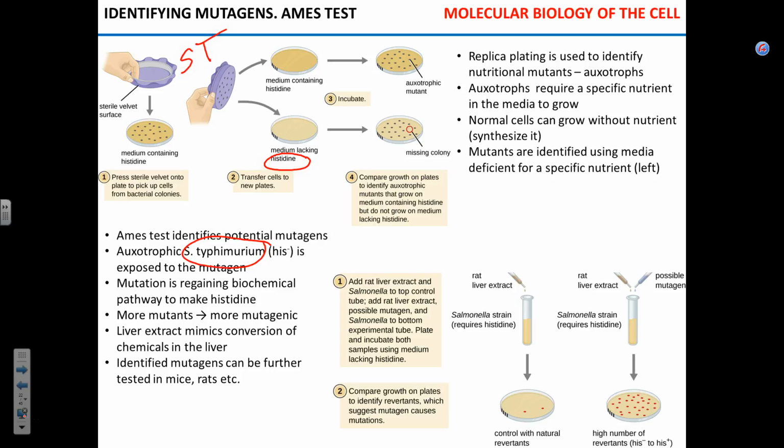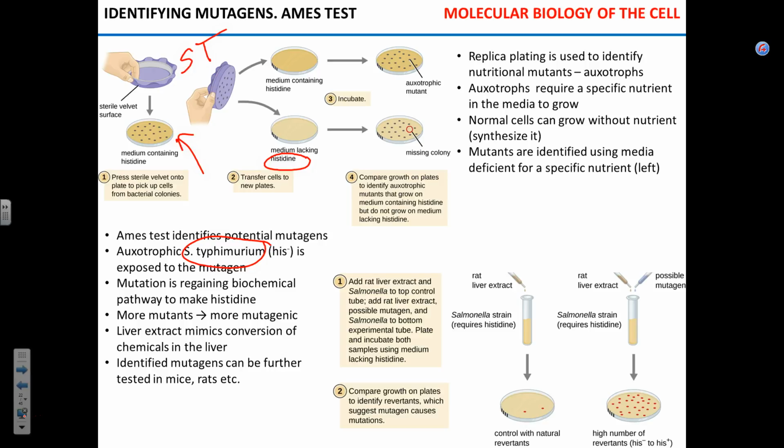Okay, so here's how we identify it. We have a complex medium, okay, that supports the growth of all different types of microbes. And obviously complex medium contains histidine.